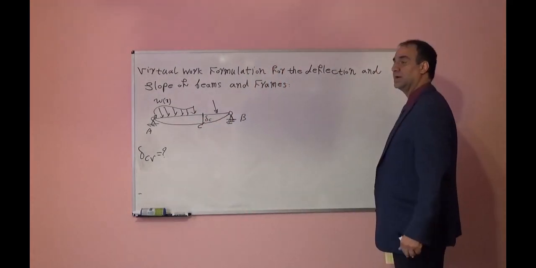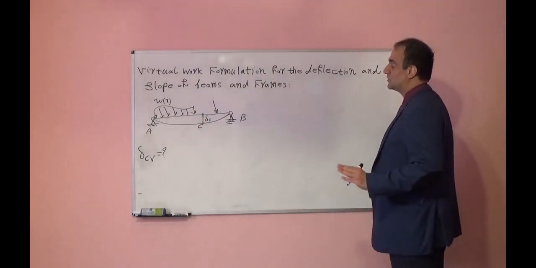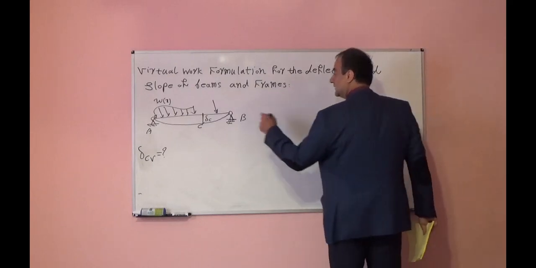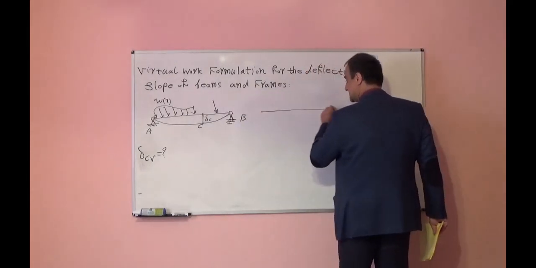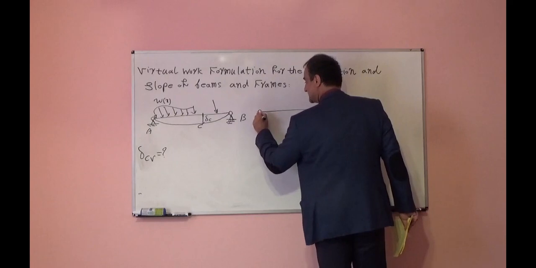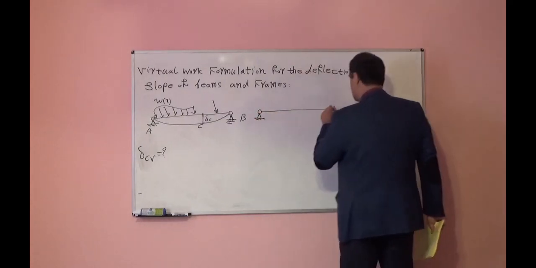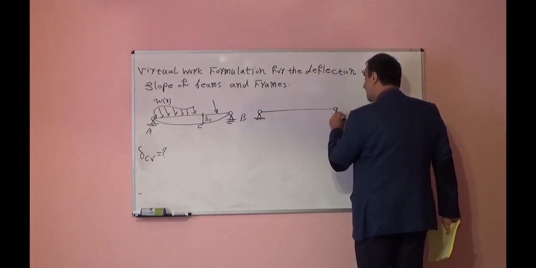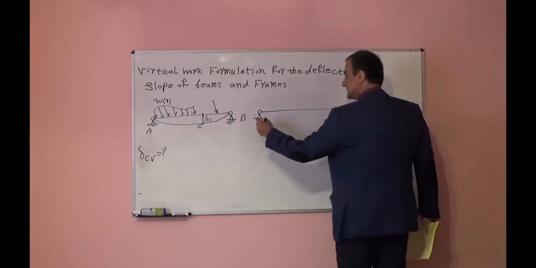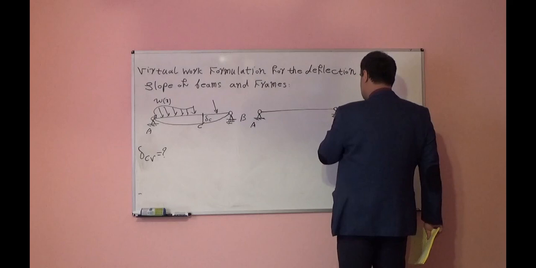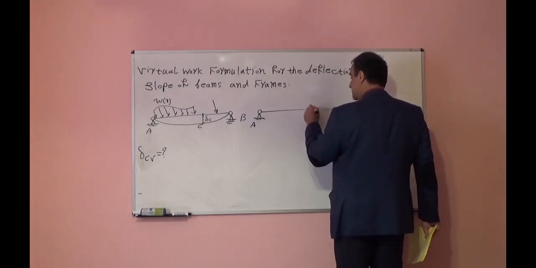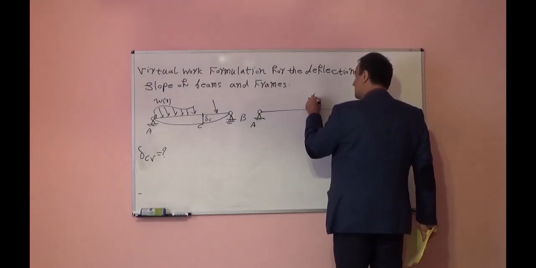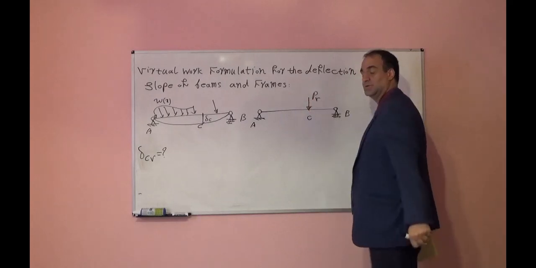In order to find this using the virtual work method, we will have the same structure, the same beam, because here we want to find deflection at point C. At point C, I will apply a virtual load.